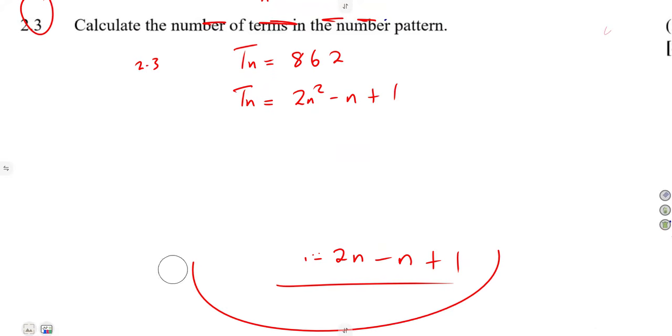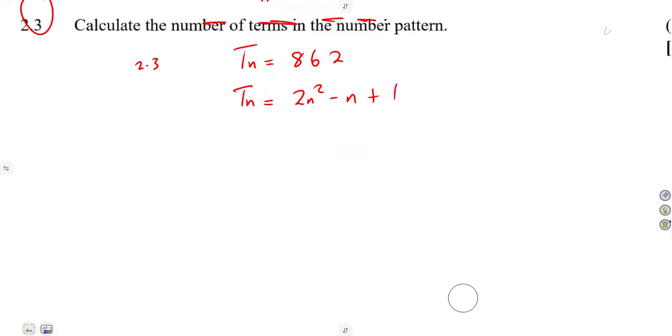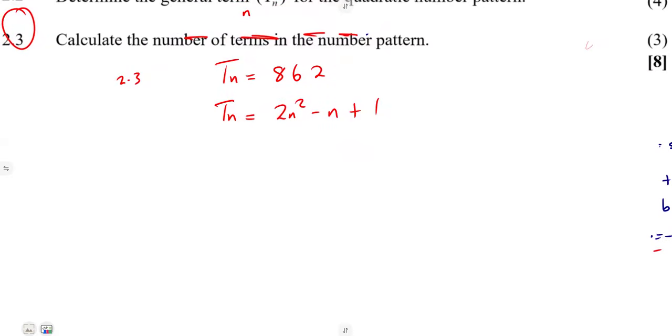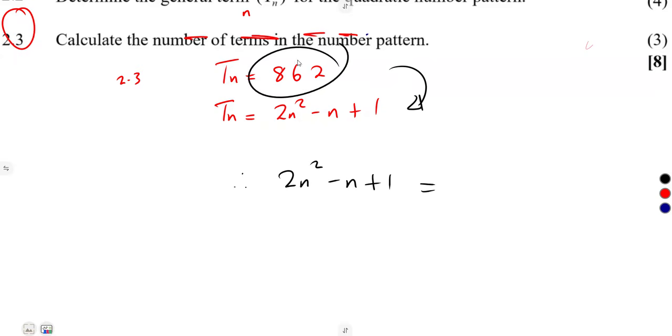So you equate that to the last term you are given, and from there you can determine the value of n. That was simple because these two are equal. So 2n squared minus n plus 1, our Tn as an expression, is equal to the numerical value of our last term, 862. So solve for n from there.